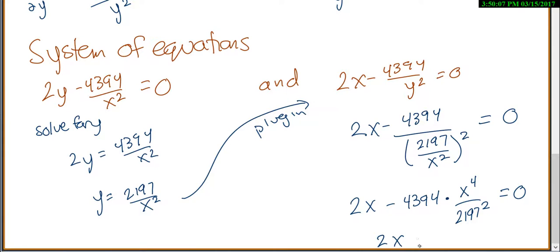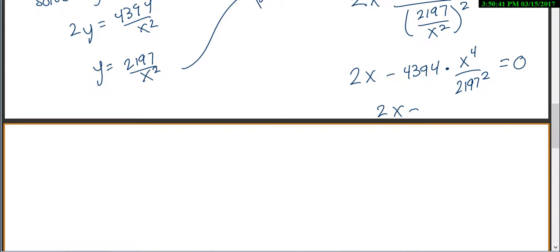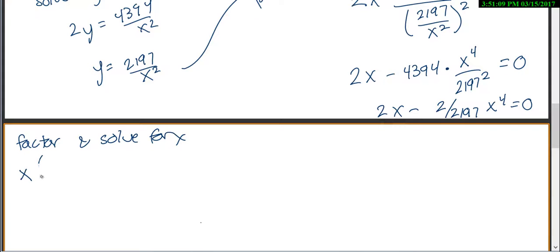So we get 2x minus 2 over 2197 x to the 4th equals 0. At this point let's factor, because we're going to solve for x. So we have x times 2 minus 2 over 2197 x cubed equals 0.